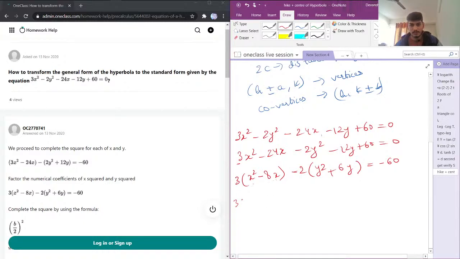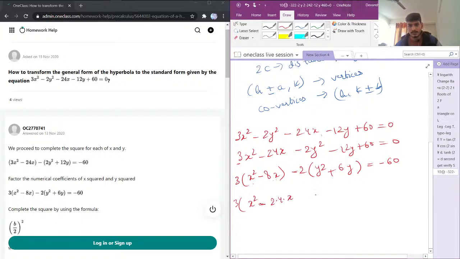So I have 3 times x squared, then I will write 2 into 4 times x, since I can write 8 as 2 times 4.